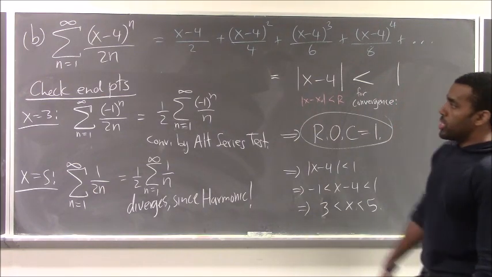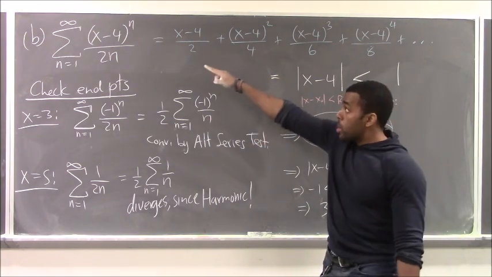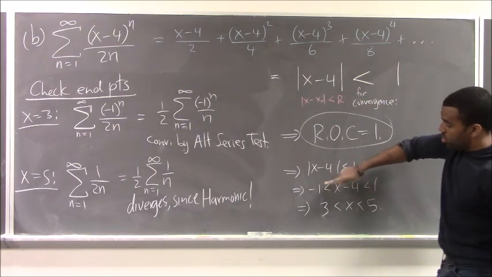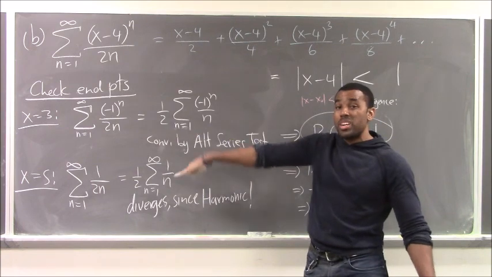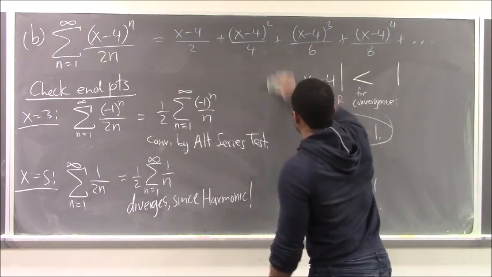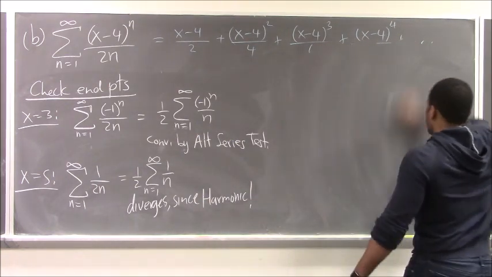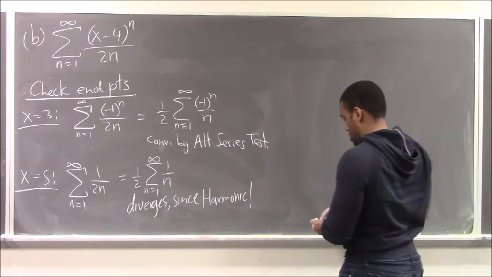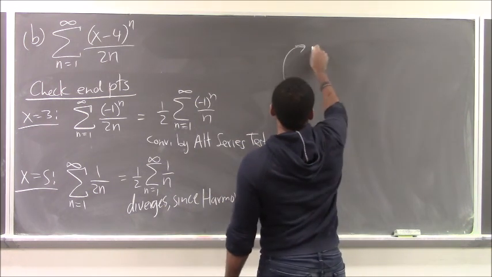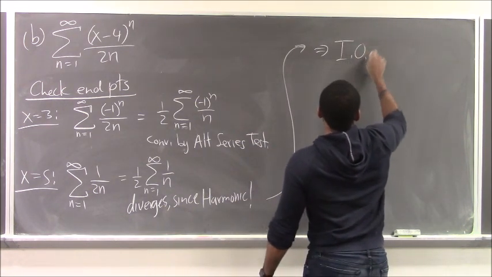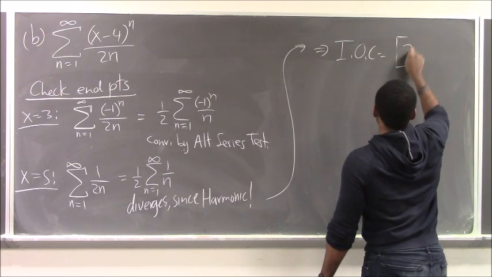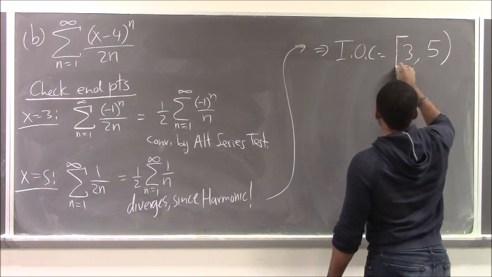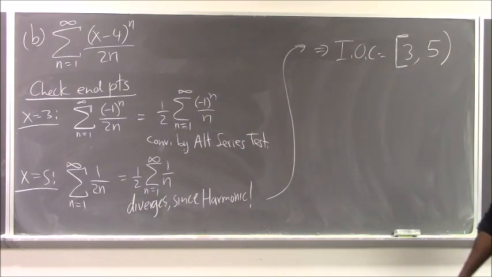So we have a situation here, this particular power series, its interval of convergence is all numbers between 3 and 5. It includes the 3, but not the 5. So this means the interval of convergence is all numbers between 3 and 5, inclusive of 3, but not of 5.